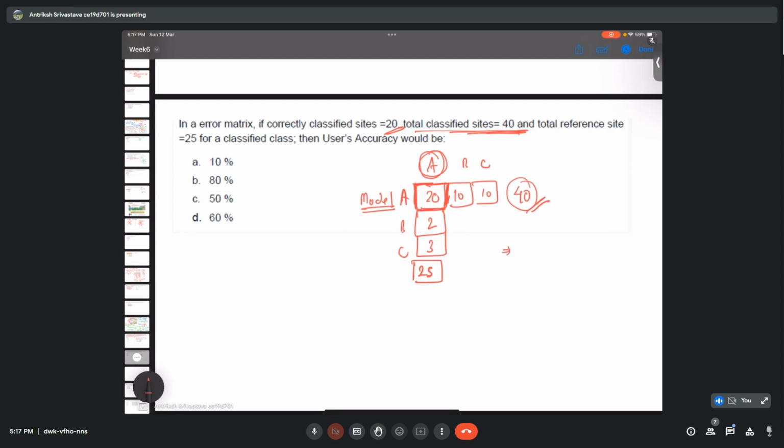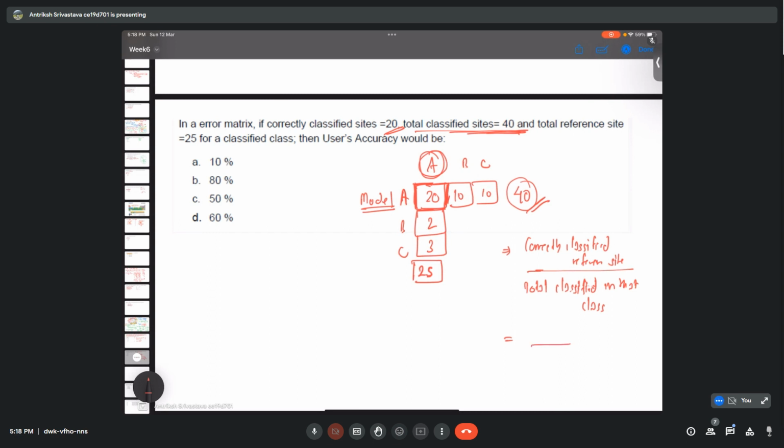Remember that user's accuracy is correctly classified reference sites divided by total classified in that site or in that class. So what will it be?